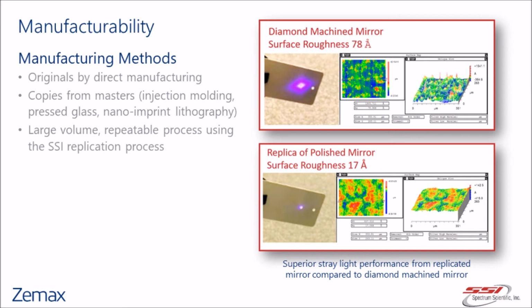The images on the right are an example of a freeform optic used in the deep UV. The customer required lower stray light and higher reflectivity below 200 nanometers, and the bottom image shows the improved replica that's currently in volume production.